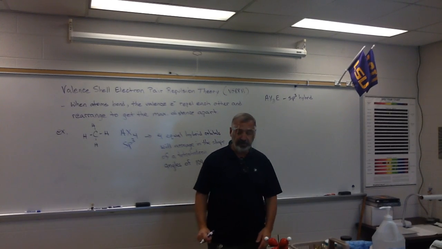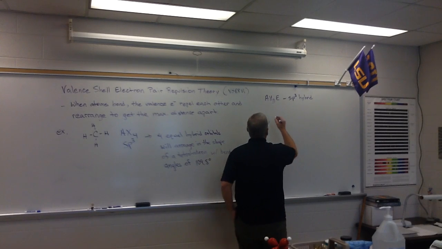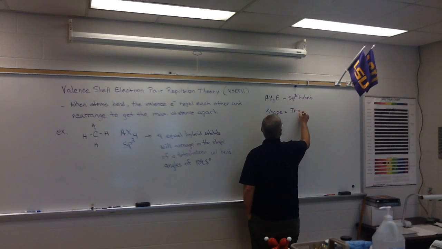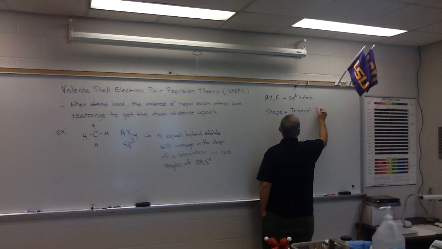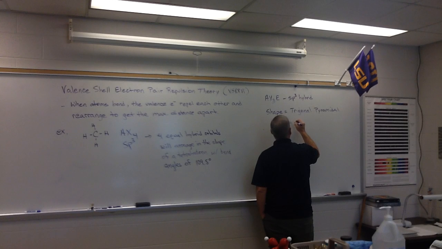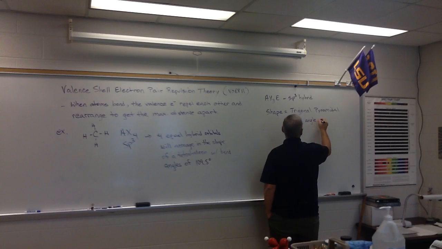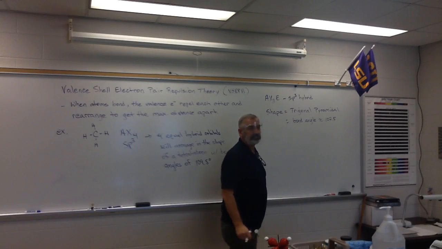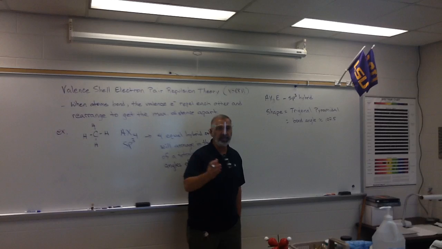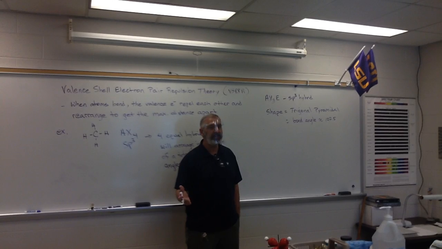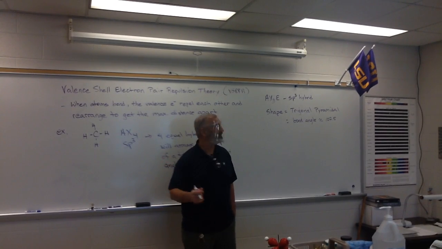But one of them's a lone pair, so therefore the shape is equal to trigonal pyramidal with a bond angle approximately 107.5. Give or take. Okay, it could go down to 106.9, could be 107.8. Okay, just slightly less than the 109.5. That's all you need to know, that it's less than 109.5.